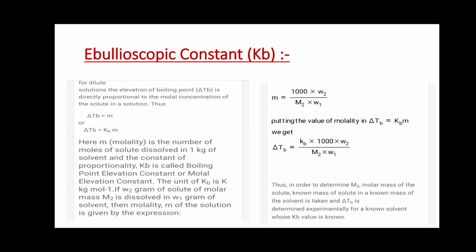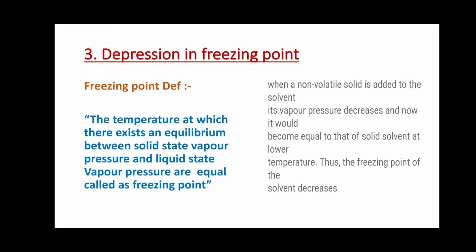By this equation we can easily determine the molar mass of the solute present in the solution. So this is the ebullioscopic constant. This is the second of the colligative properties.